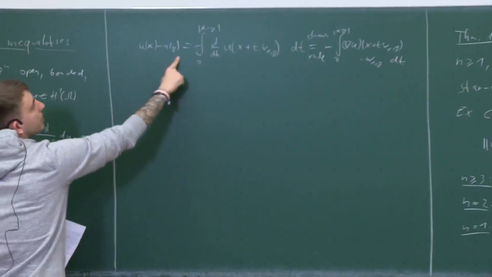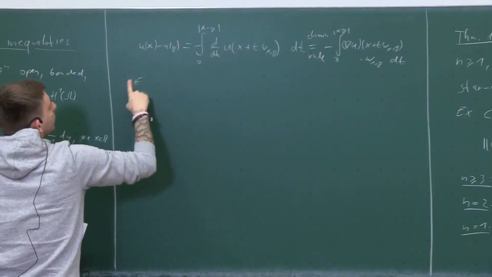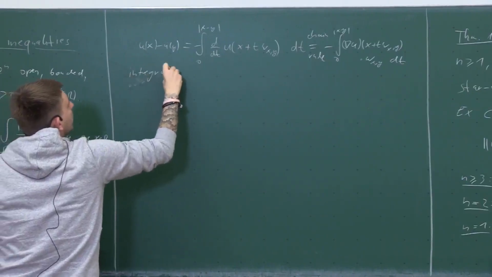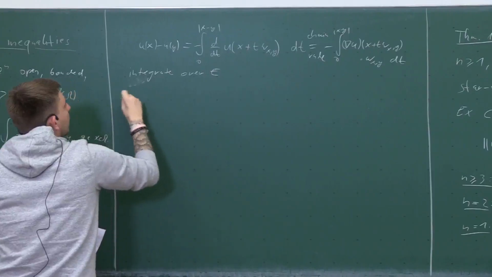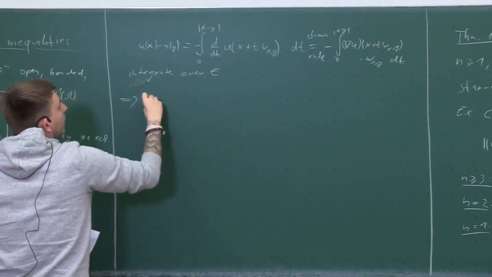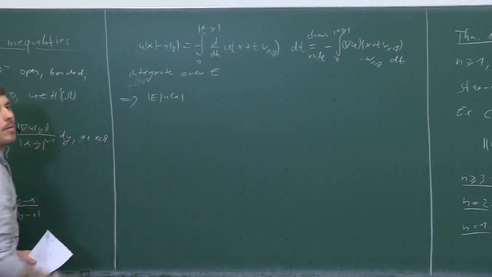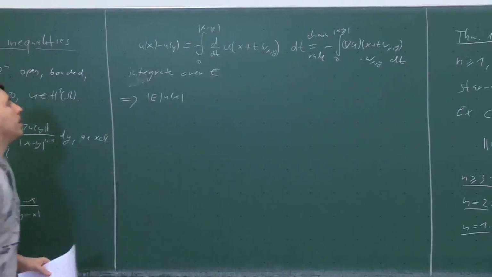So if I integrate over this left hand side, I get here the measure of E times u(x), because this is really just a constant.